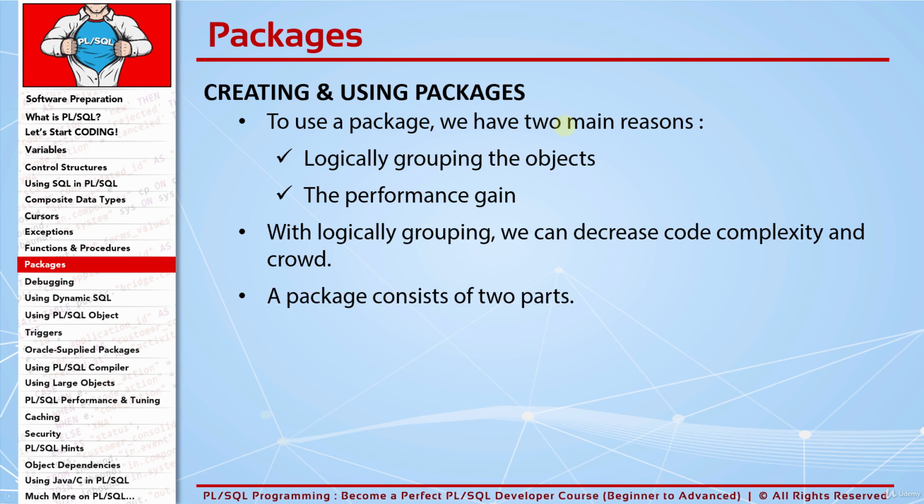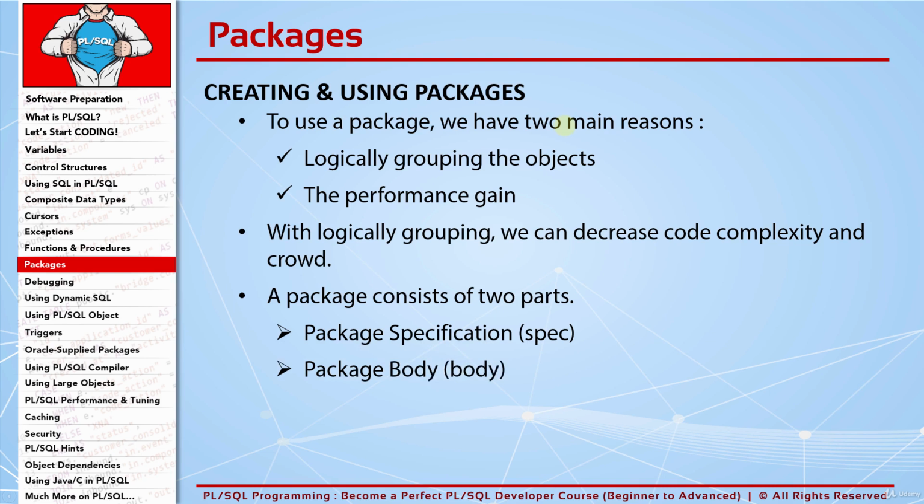A package consists of two parts: package specification and package body. At first, this division seems nonsense, but it is designed for creating public or private objects. You know that Oracle does not have any public or private identifiers. Most of the time we do that with privileges.